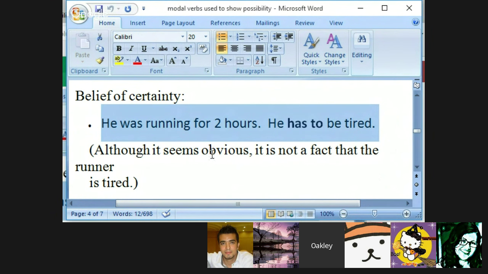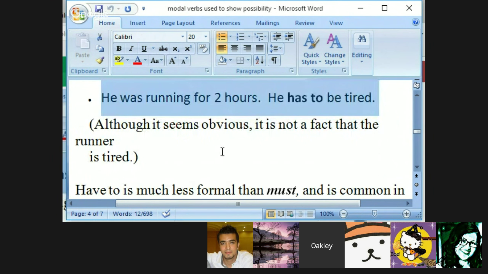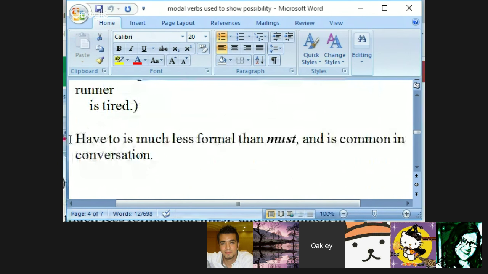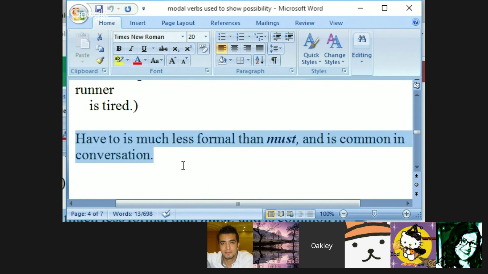I don't know. To tell you the truth, there's a slight difference in formality. Must is a little bit more formal, and I use it a little bit more in conversation. Just totally my personal opinion.